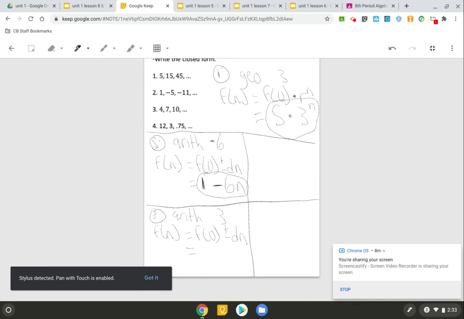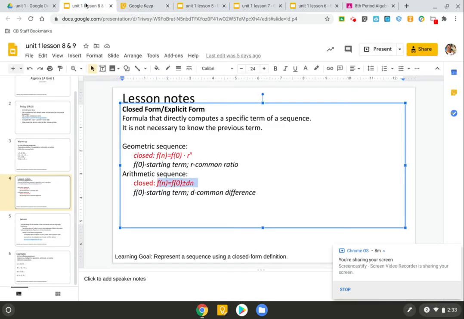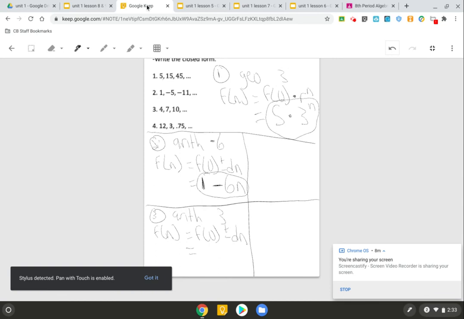Okay. So f of 0, once again, is our starting term. So what's our starting term for number 3? Our starting term is 4. Okay. Now are we going to do plus or minus? Well, our common difference is positive, so we are going to do plus. And what did we say our common difference was? 3.